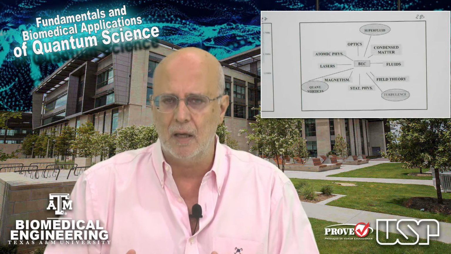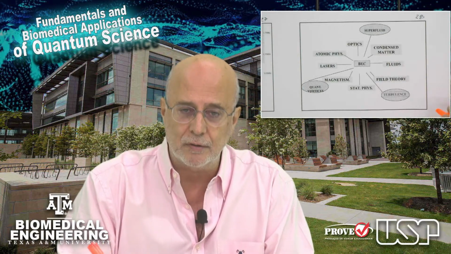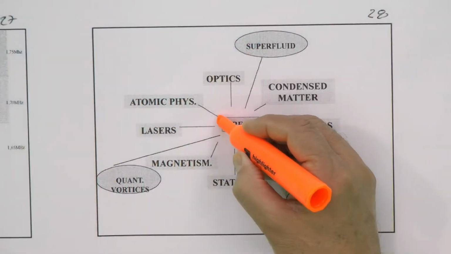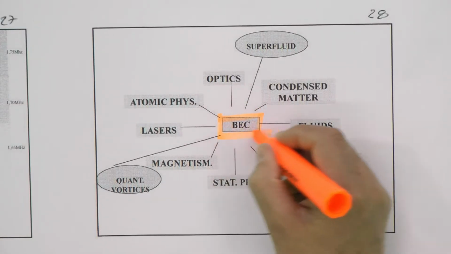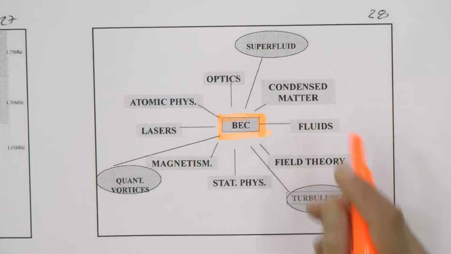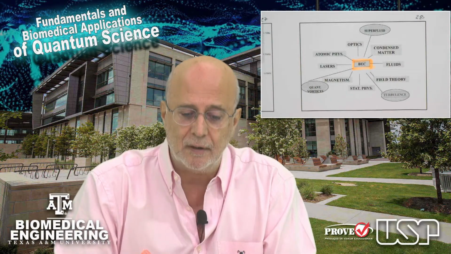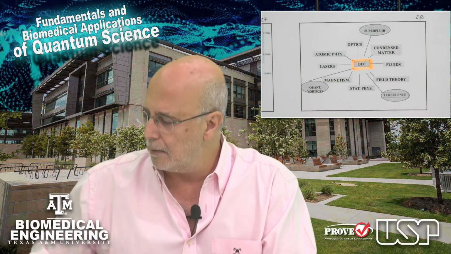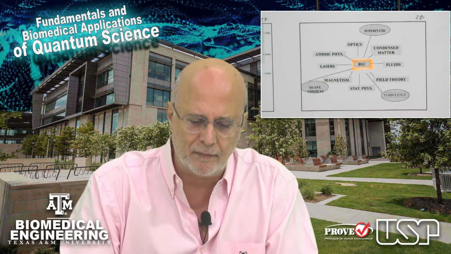Because everything at the end of the day is quantum, and we needed to consider that. And Bose condensates are a nice way to evolve the understanding of quantum mechanics, especially when there are many, many particles together. We call this the physics of many bodies, because this is what nature is, and that's what we have to learn.